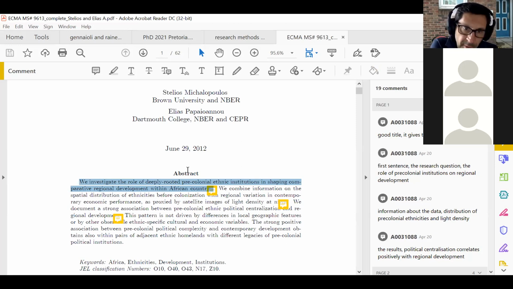The previous paper was about across African countries, although they also had Ugandan data, recall. But this is about recall that some African countries' boundaries that we have now were created by European colonial powers, right?